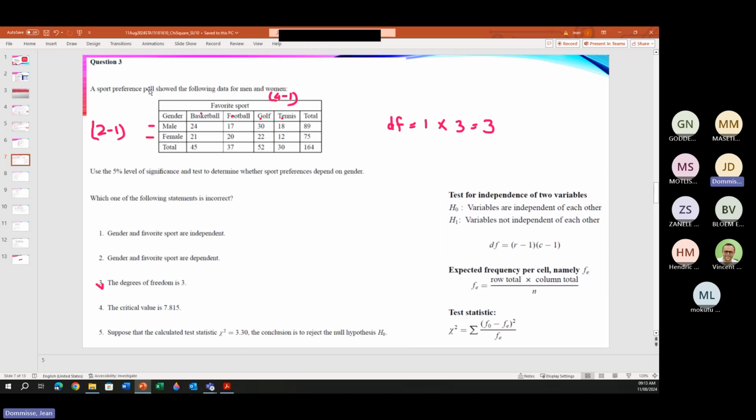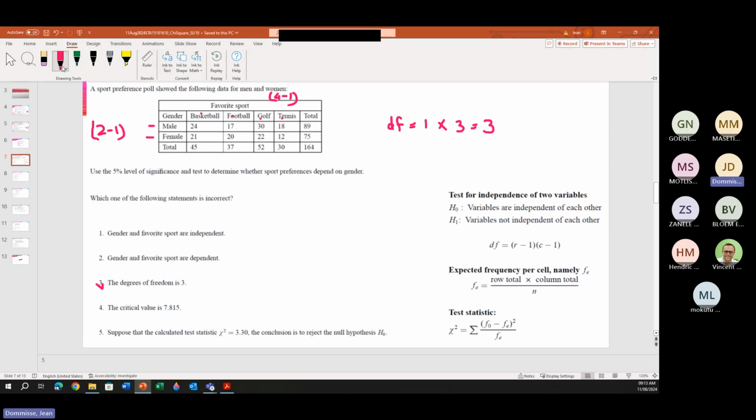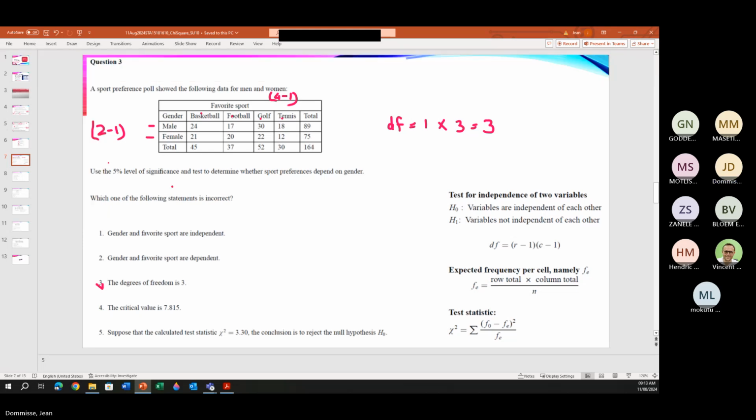Okay, so we get the table. It is about men and women that have favorite sports, and they ask us that we need to check at the 5% level.